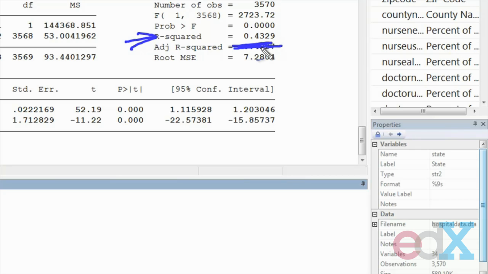The remaining 57% of the variability is unexplained, implying that there are other factors that contribute to the variability in this recommend yes outcome.